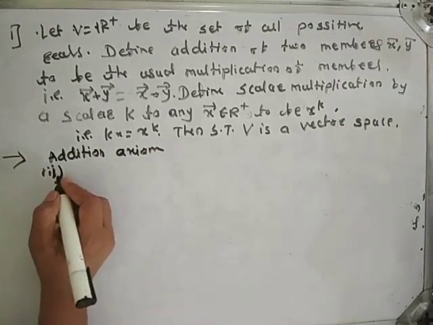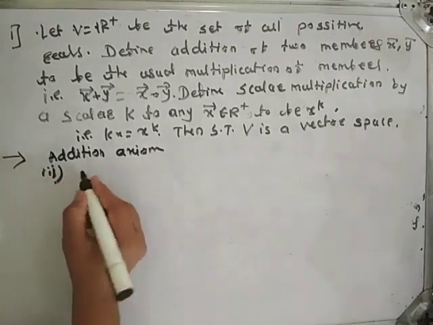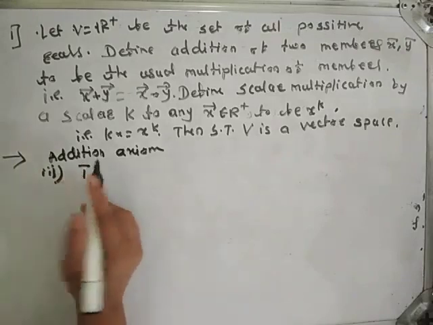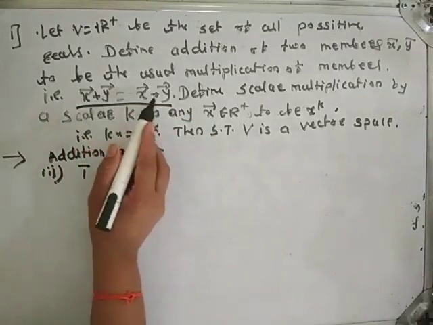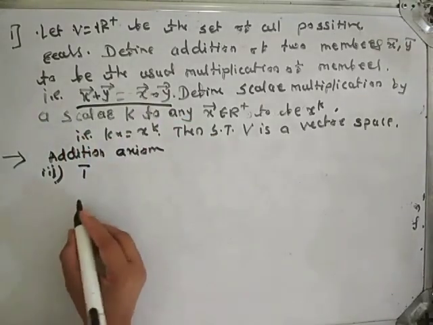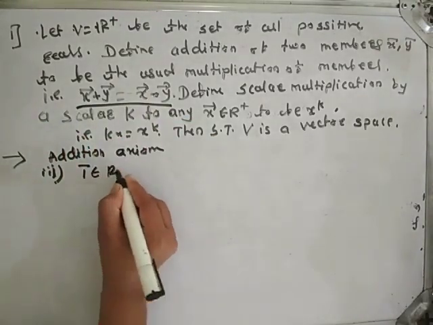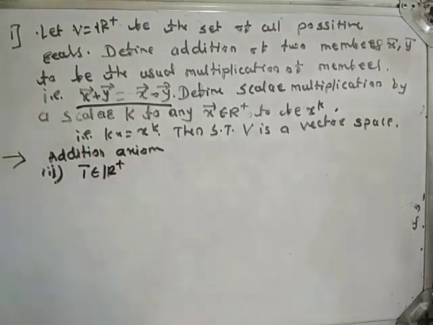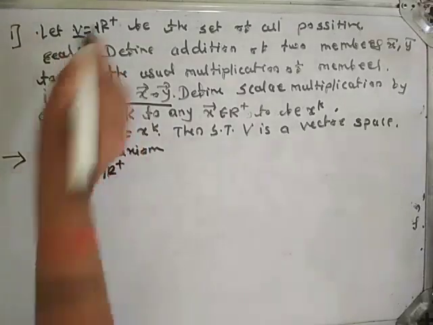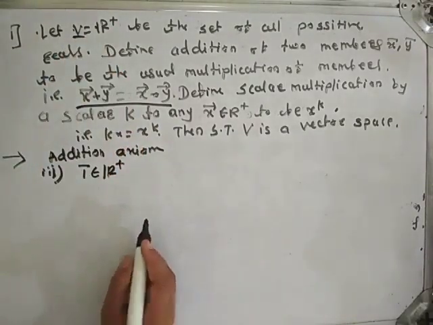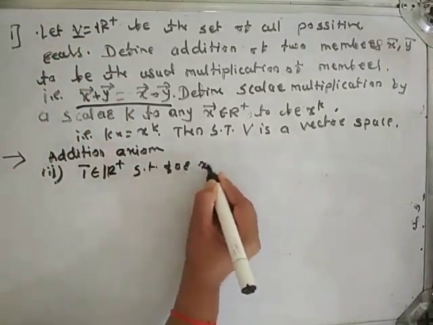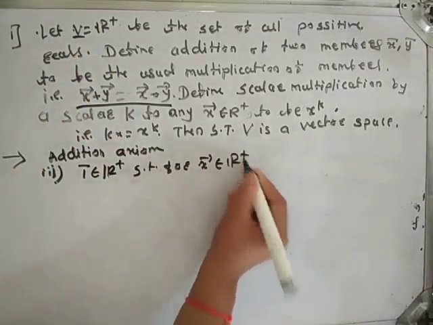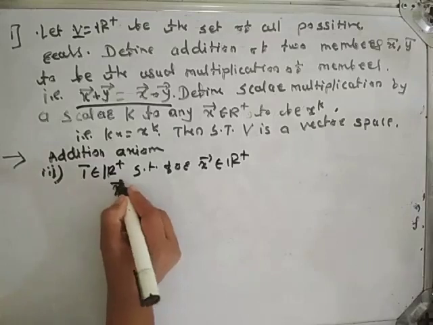Here, addition of two members is nothing but multiplication of two members. 1 bar belongs to R plus. We have to find the zero vector for this set V, such that for any x bar belonging to R plus, what will we get?